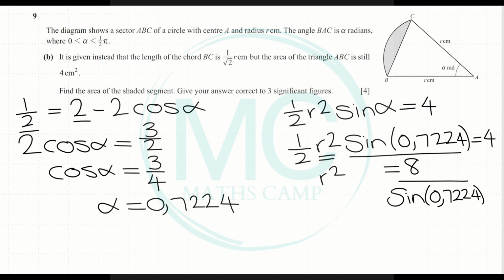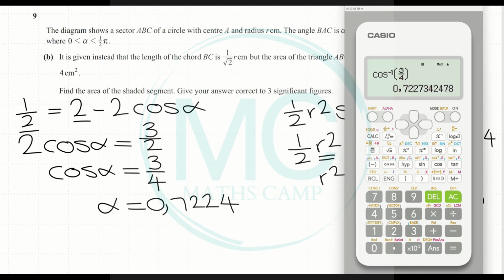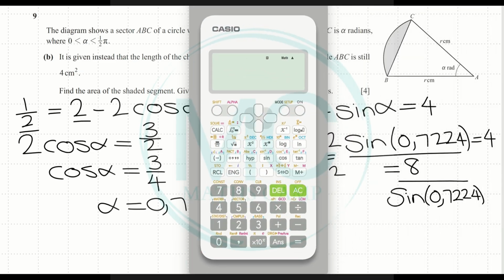Now I can take my calculator. I'm going to say 8 over sine 0,7224, close the bracket, is equal to 12,099.